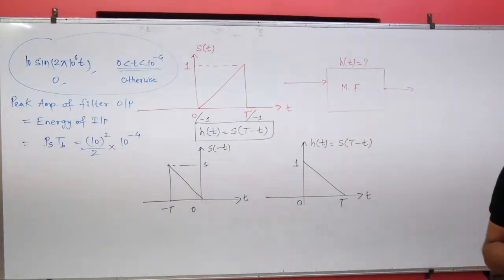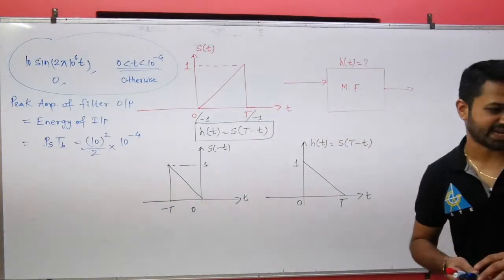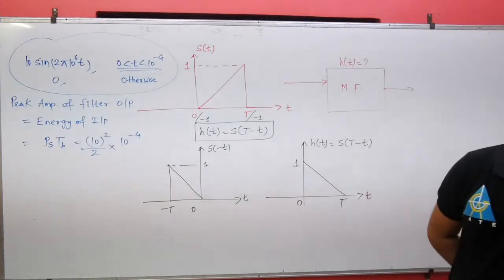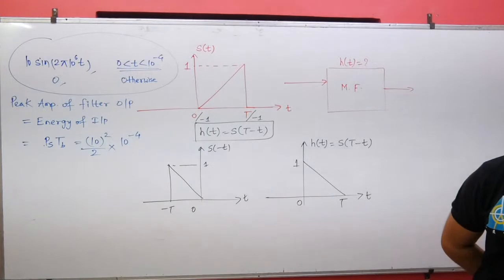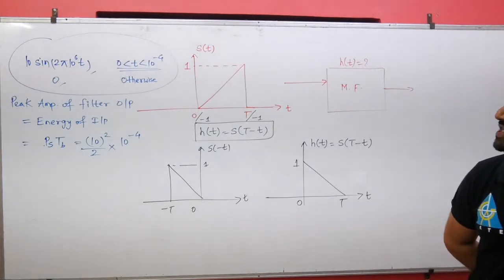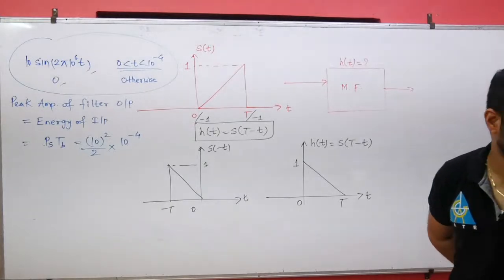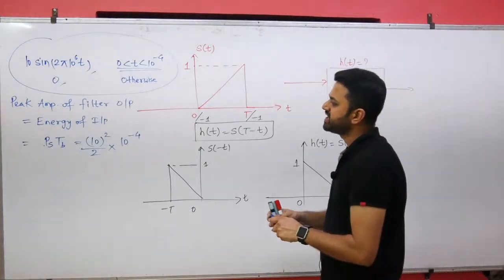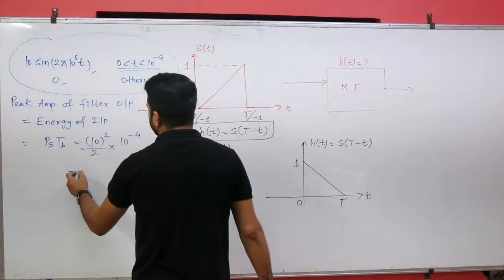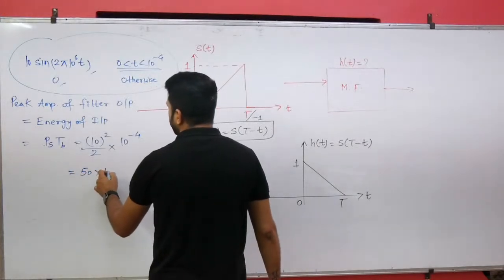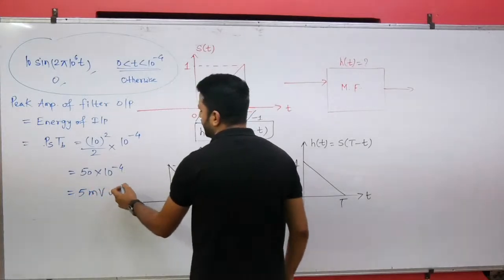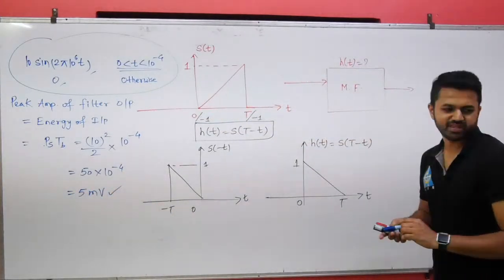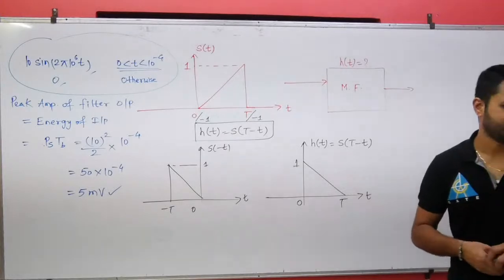It is existing only for 10 raised to power minus 4 seconds. So energy is equal to power into time. So from here you will get 50 into 10 to the power minus 4, or you can write 5 millivolt. So the correct answer for this question will be 5 millivolt.